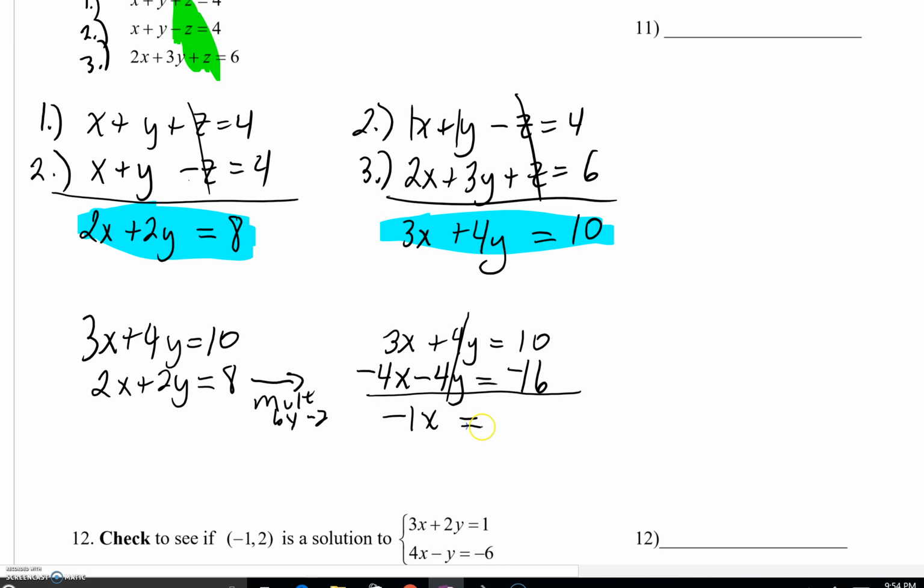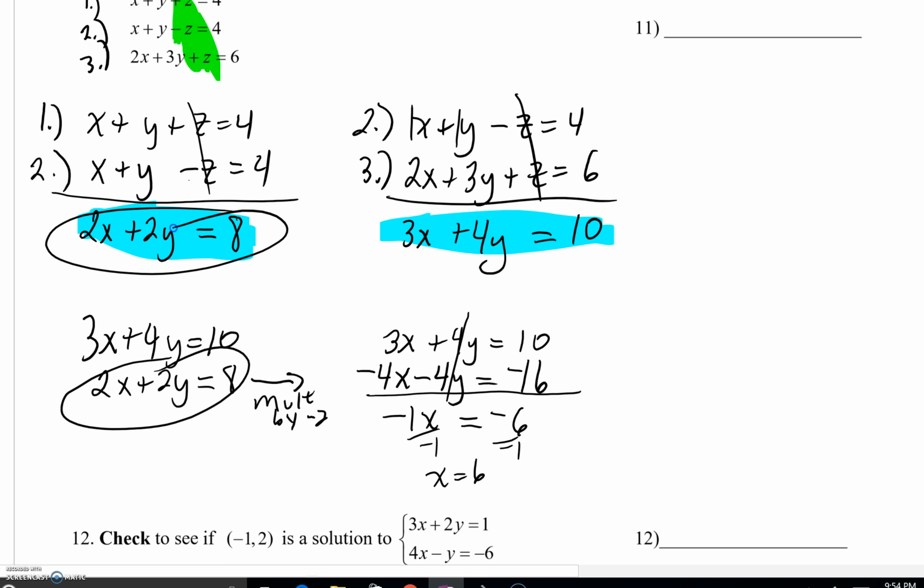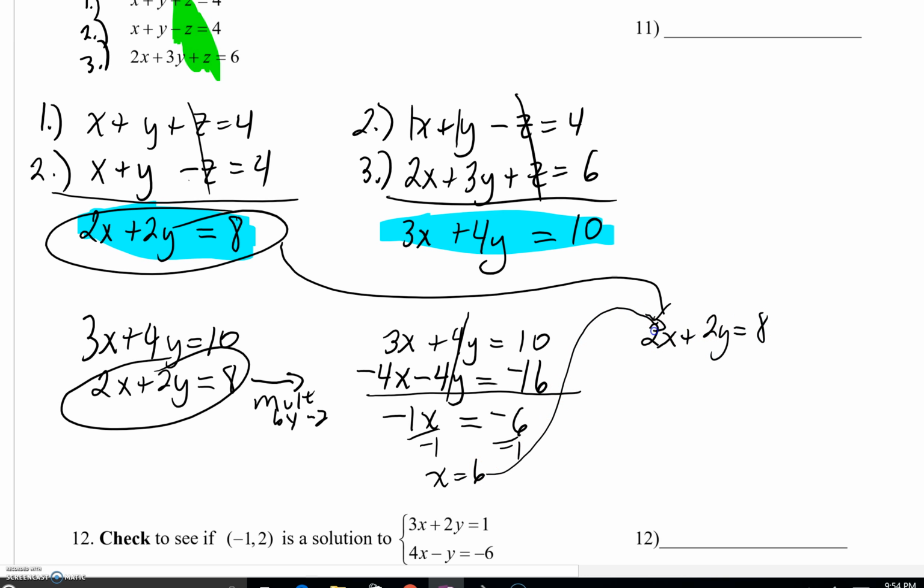Now at this point, feel free to go with either of these two equations. Maybe you want to write 2x plus 2y is equal to 8 and say, you know what, now I can plug in my x value. My x value was 6. And without too much work, you'll have 12 plus 2y is equal to 8.